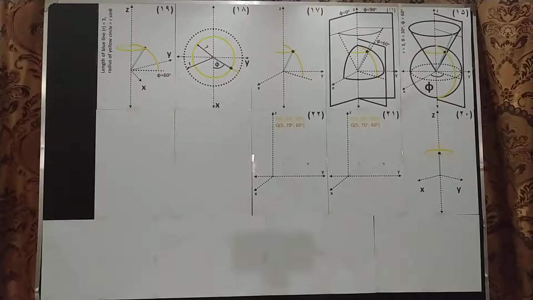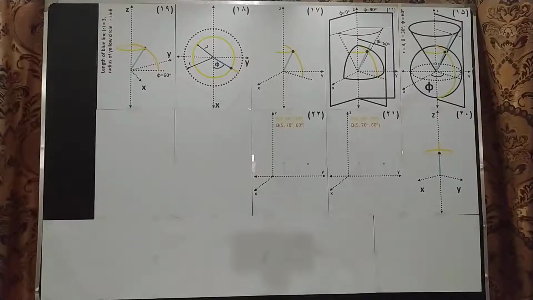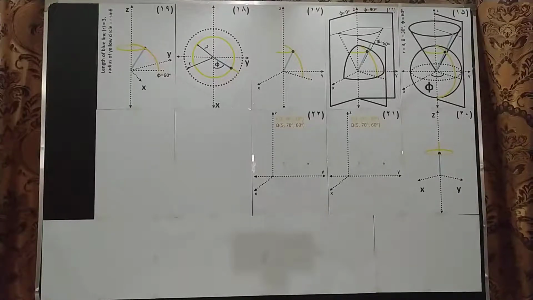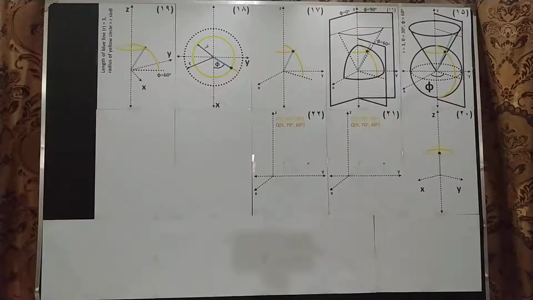In a three-dimensional coordinate system, we have got two-dimensional fundamental shapes, and any shape other than a two-dimensional shape will be defined in terms of those fundamental shapes.